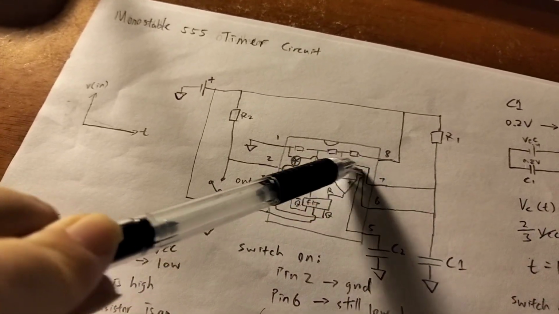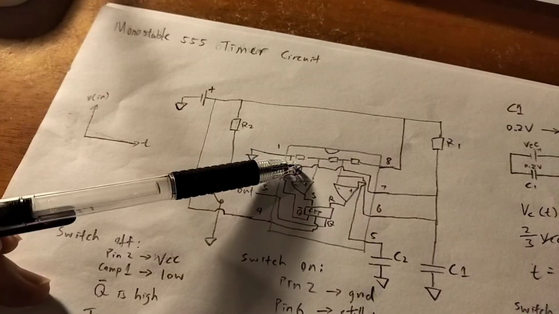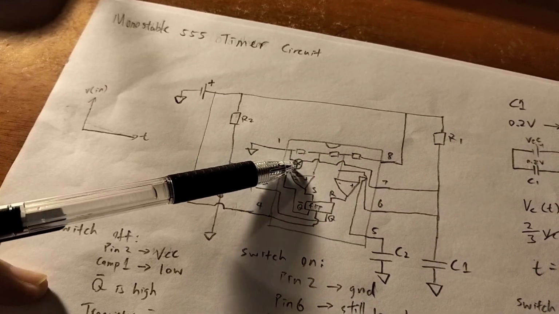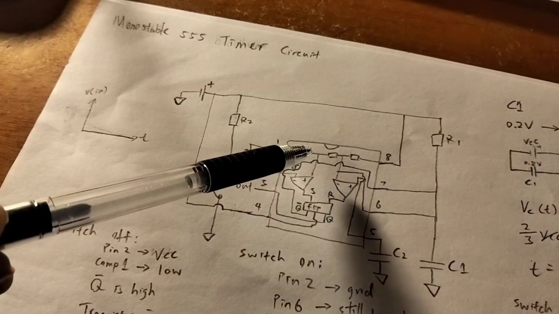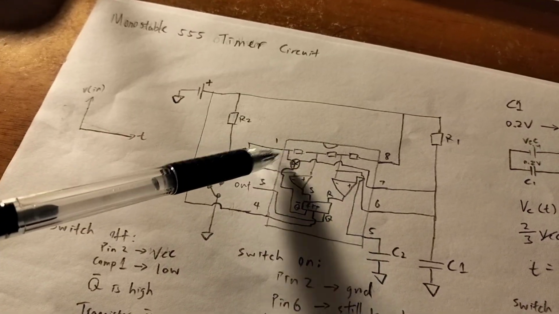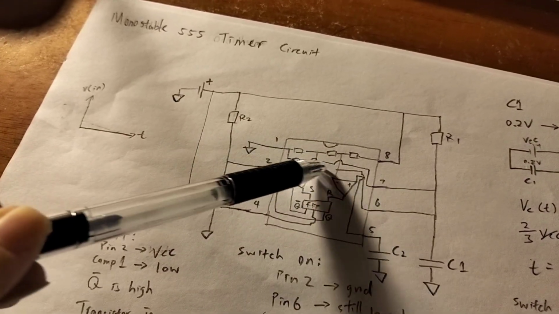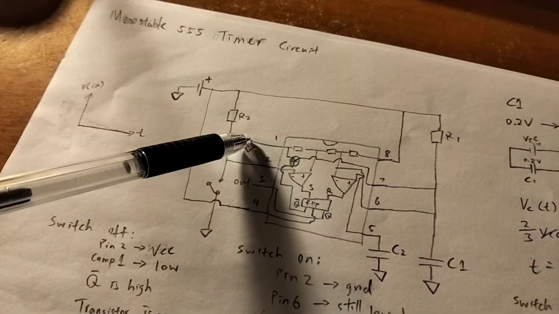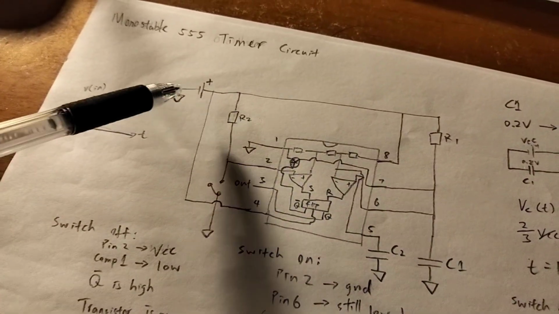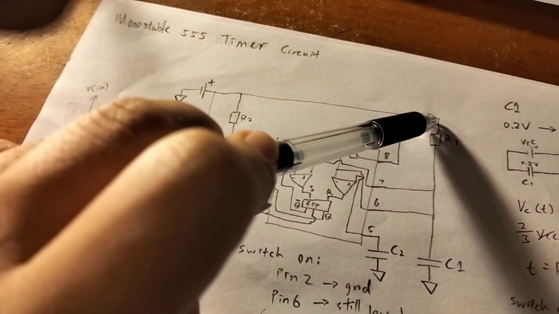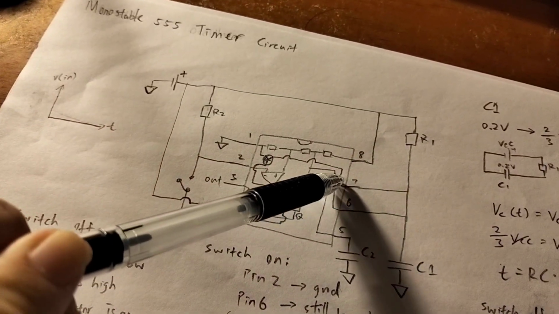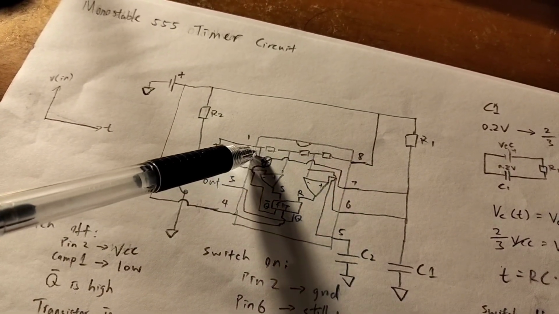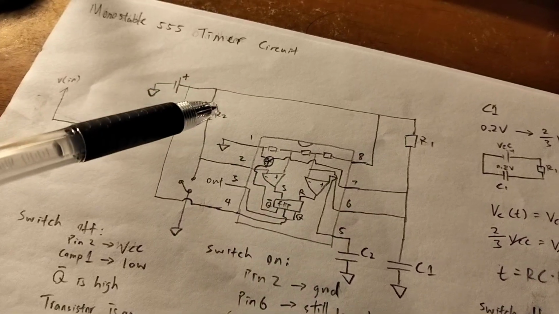So pin 7 is connected to the collector of a transistor. It drains through the collector into the emitter into ground. So the current actually flows this way, through VCC, through this resistor R1, and then through pin 7, through this transistor, all the way to ground.